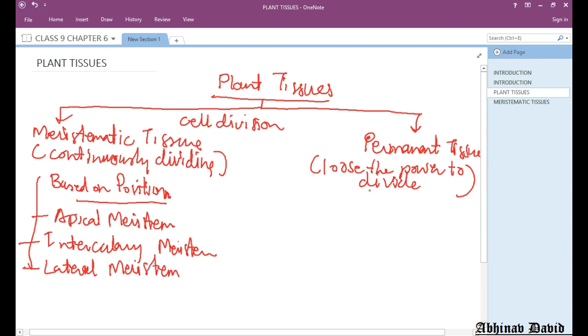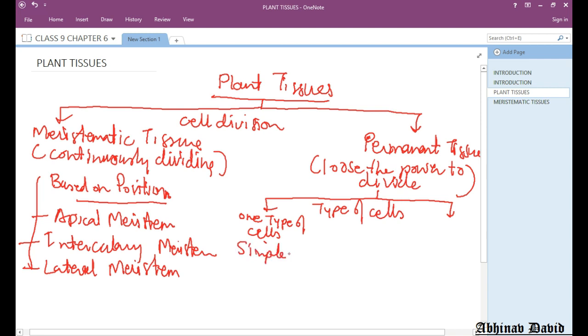Okay, and the permanent tissues are again divided into two categories, basically based on type of cells. If the permanent tissue is made up of one type of cells, then we call it simple permanent tissue.